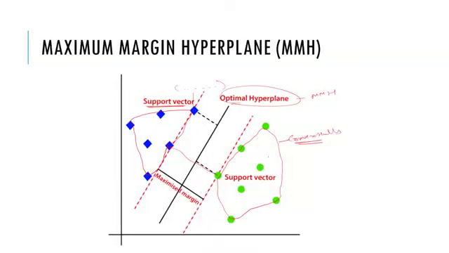Once that is done, it will find the nearest two observations and take the perpendicular bisector. That makes sure it has equal distance on either side, right? So this particular distance and this particular distance would be equal. Now this is a very ideal scenario to get this kind of separator.